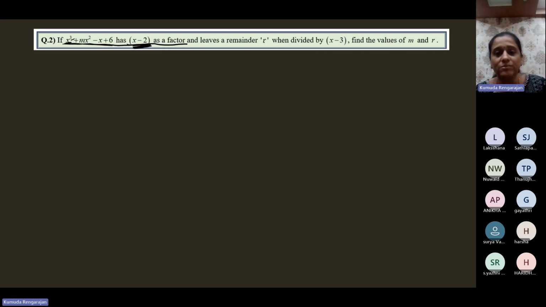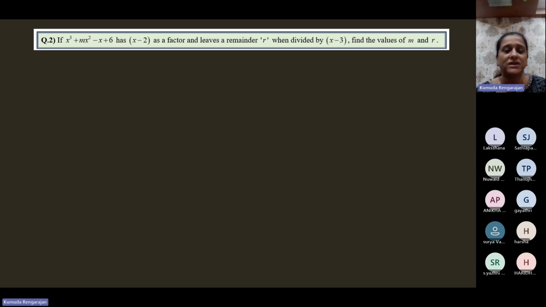And leaves remainder r when divided by x minus 3. So when you divide this cubic polynomial by x minus 3, the remainder is r. Given this information, you need to find the values of m and r. See, understanding the question is very important to work the answer with ease.